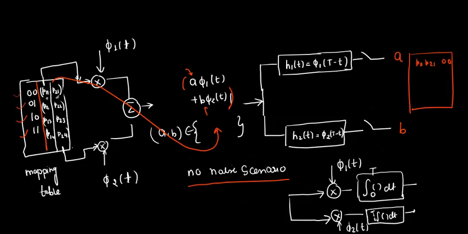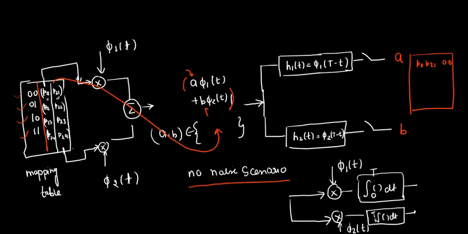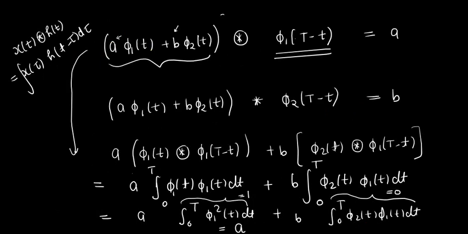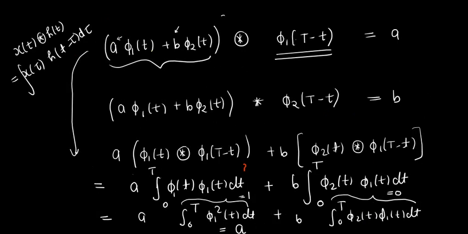I told you that convolving these two is the same as multiplying this with phi 1 t and then integrating it from 0 to T. This I am claiming, and the proof will be done later. You understood my point or not? So this is the same thing, whatever I have drawn here.